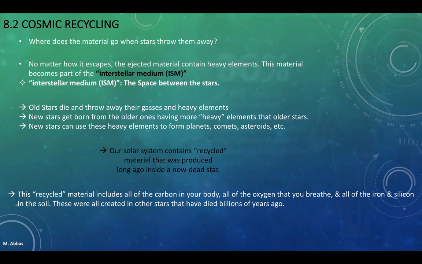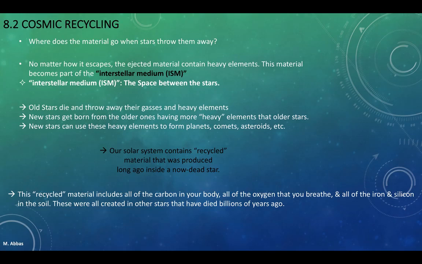Okay, and just as a side note, the space between stars, if I want to go to Proxima Centauri, which is the closest star to Earth, the space between our sun, our solar system, and that star is what we call the interstellar medium. Stellar means stars. The interstellar medium means the space or the distances between the stars.